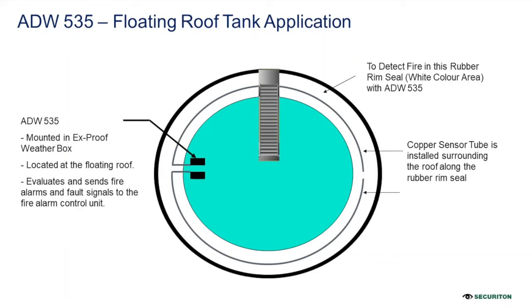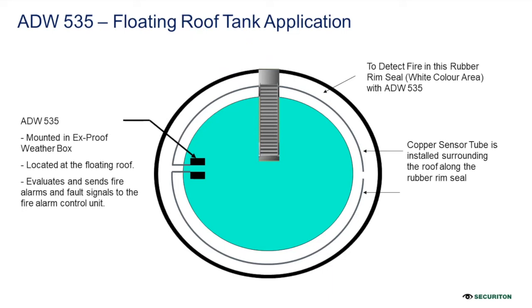So that will be around the area of the rim seal. The idea of protection would be around the rim seal. Why is it around the rim seal? Because the rim seal is the area which is prone to fire incidents. As the roof moves up and down, there is friction within the wall as well as within the rim seal that actually causes fire for some reasons.